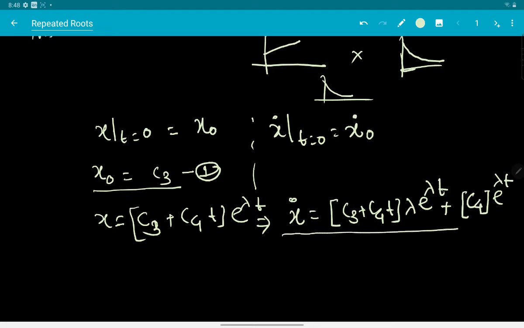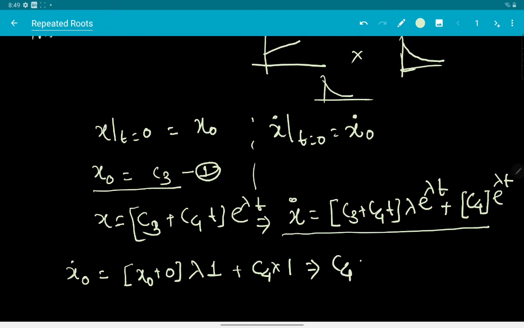Now I'll be evaluating this expression at time t equal to 0, which essentially means that x dot 0 is equal to this c3, which is x0. C4 is not going to give me anything, so this will be 0, this will be 1, plus there is a lambda over here. So this is lambda and it's 1, plus c4 into 1, which essentially means that c4 is equal to x dot 0 minus lambda x0.